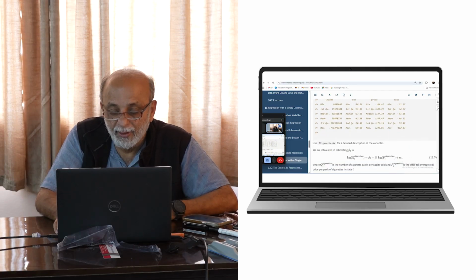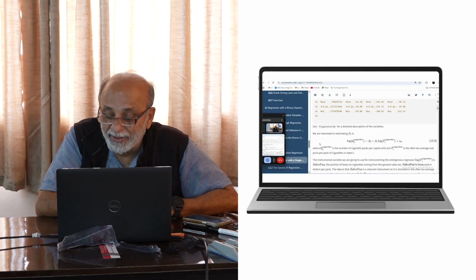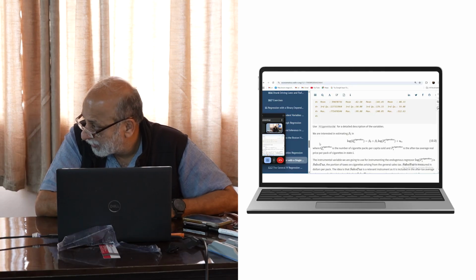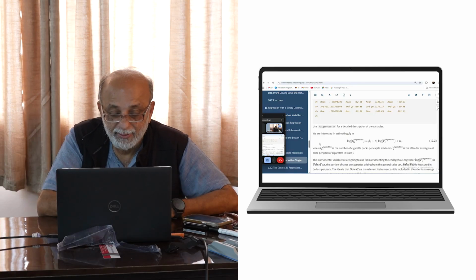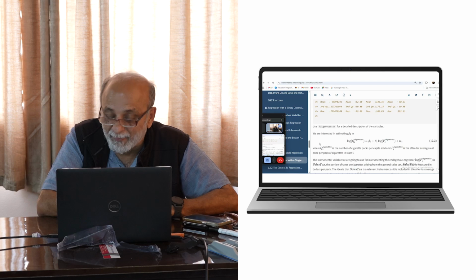Okay. Now we're going to model the relationship between the log of the quantity of cigarettes smoked, beta 0 plus beta 1 times the log of the price of cigarettes, price per pack. So basically Qi is the number of cigarette packs per capita sold and Pi is the after-tax average real price per pack in state i.